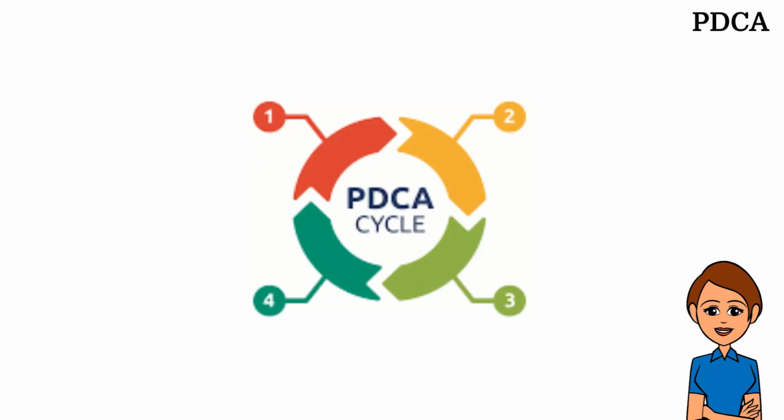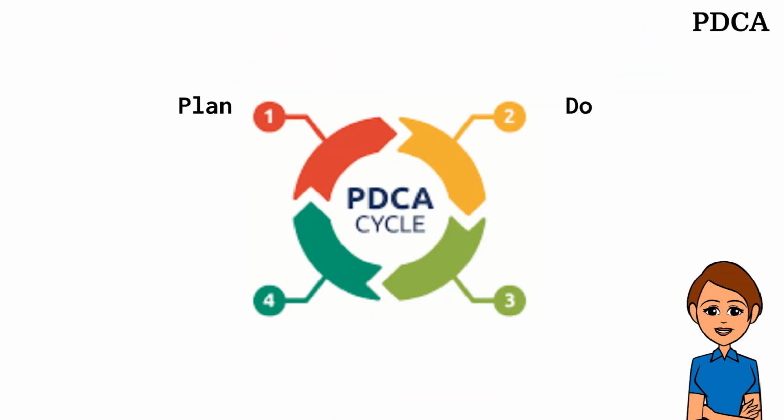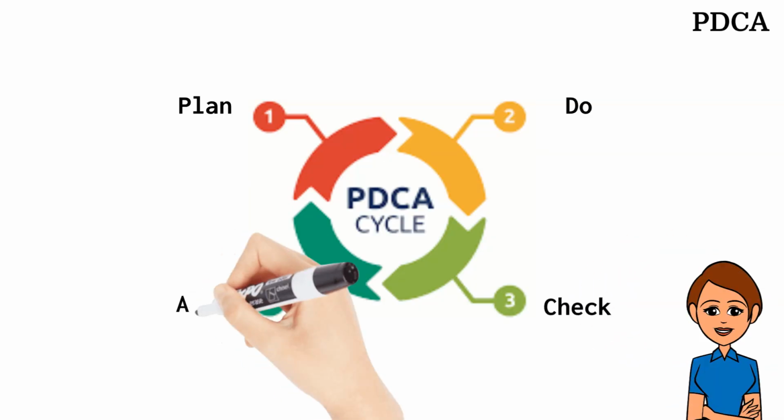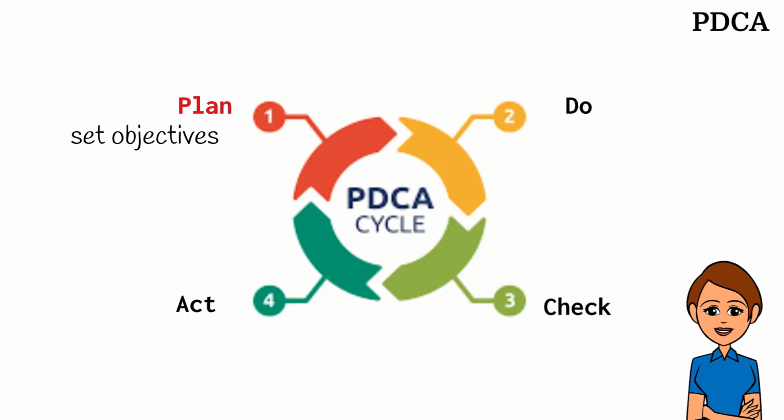The PDCA cycle consists of 4 steps. These are plan, do, check, and act. In the planning phase, the first job is to set the plan for the entire work and set objectives. This means that you have to establish the improvement objectives and necessary processes to deliver results in accordance with the expected output.